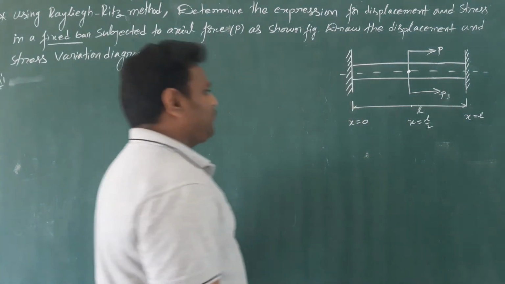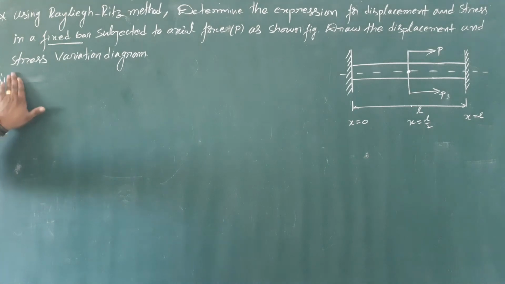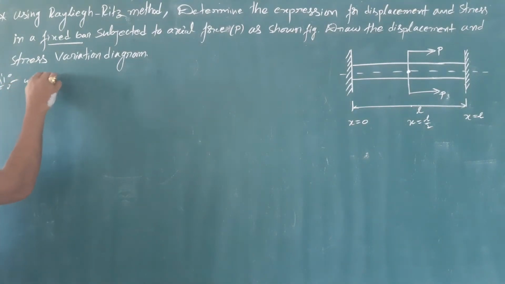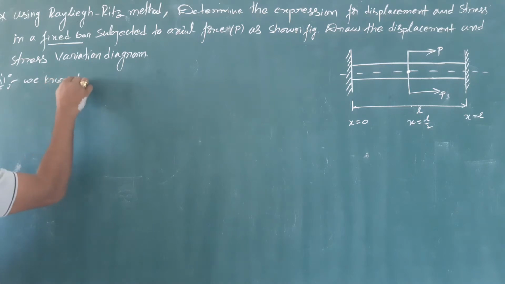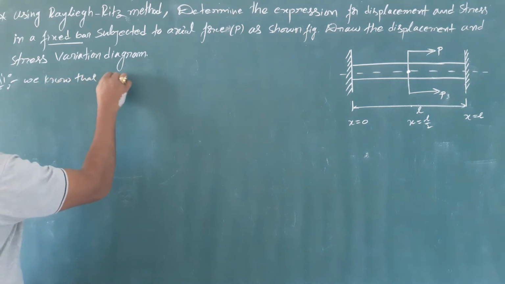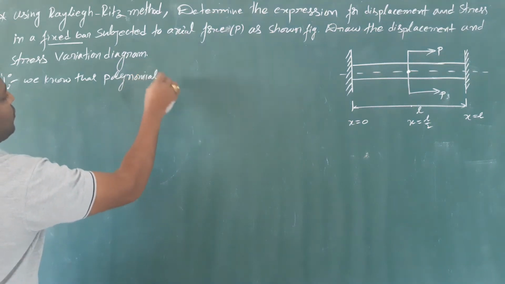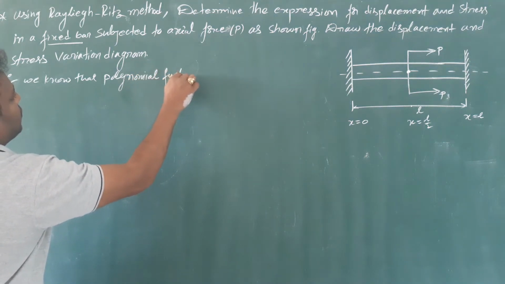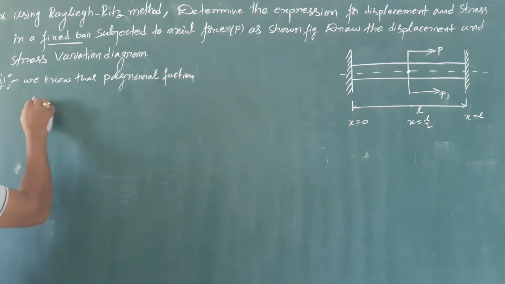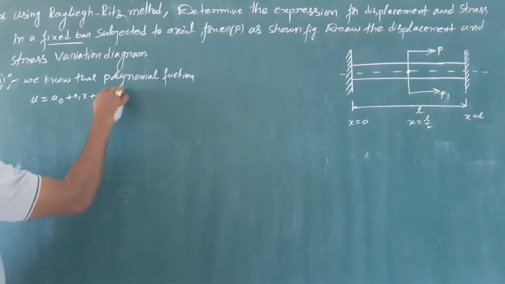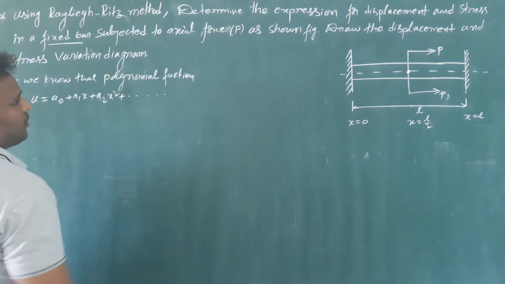Now we know the polynomial function, that is u is equal to a0 plus a1 x plus a2 x square and so on.